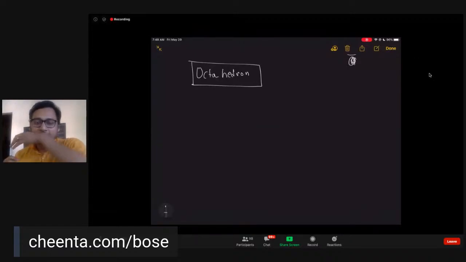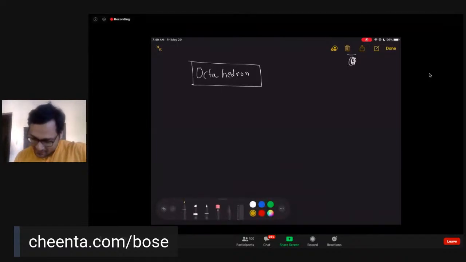Octahedron, I mean, if you have seen barfi, barfi is a kind of sweet that people eat in different parts of India. So to draw the octahedron, you have to start by drawing a barfi on the board. So here you go.